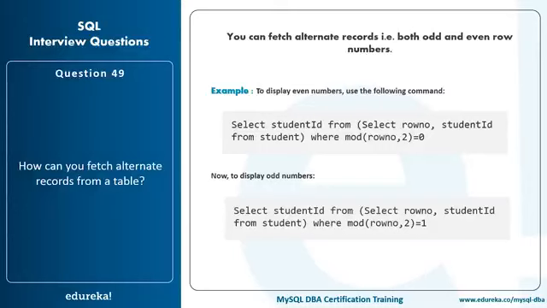When you divide the row number by 2, and if you get the remainder as 0, then that particular row number would be an even number. Similarly, if you get a remainder as 1, then that particular row number would be an odd number. That's how you can segregate the alternate records, that is the even number records and the odd number records. You just have to mention the condition mod(row number, 2) equal to 0 for even, and mod(row number, 2) equal to 1 for odd.